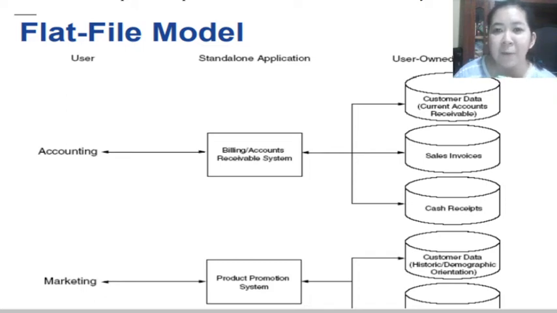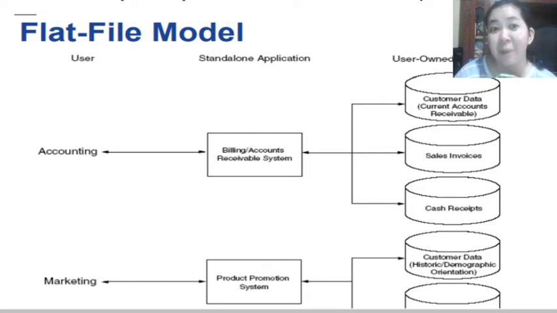For example, if in the master files there is an update in the customer's data, they also need to update the data that they provided to the accounting department and marketing department, because information here is not integrated.